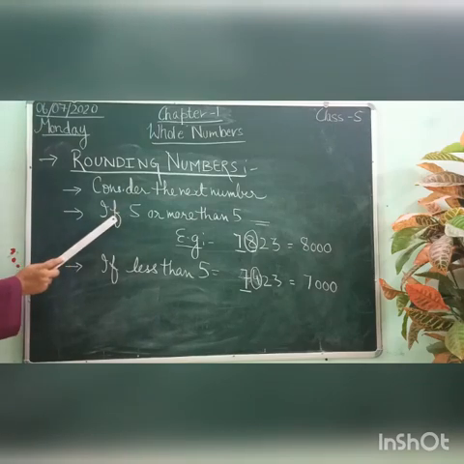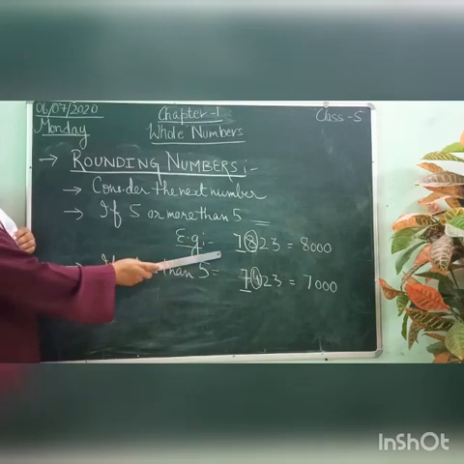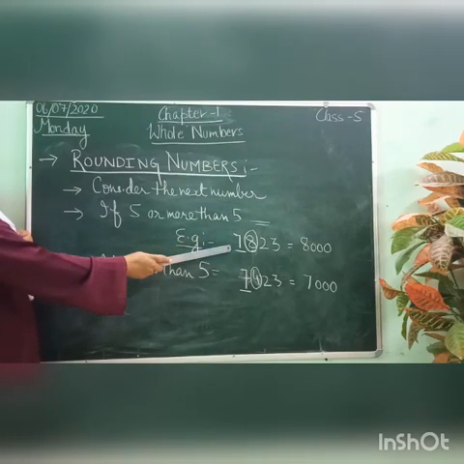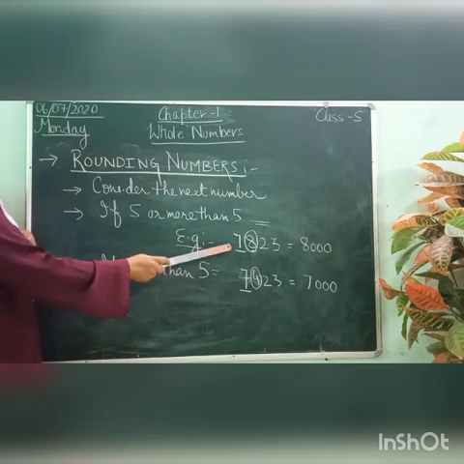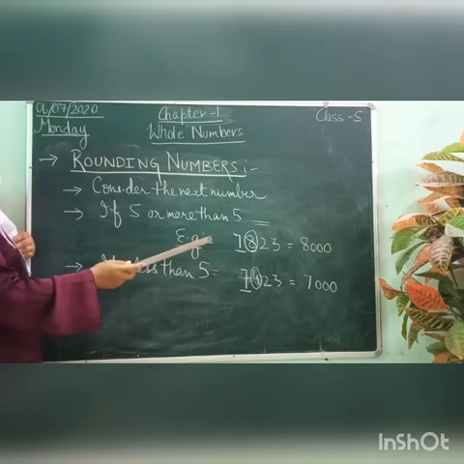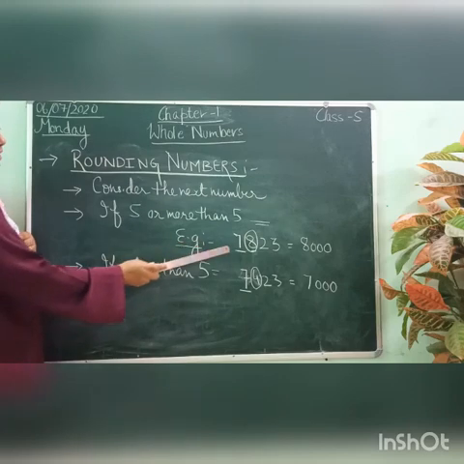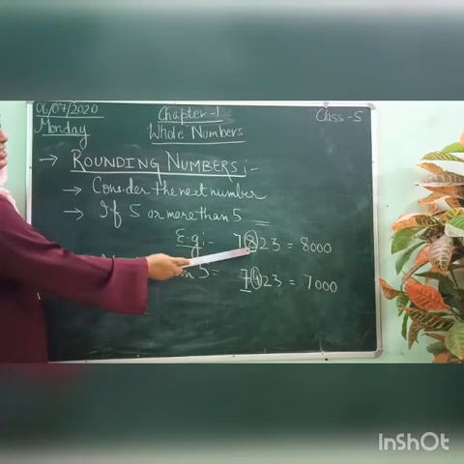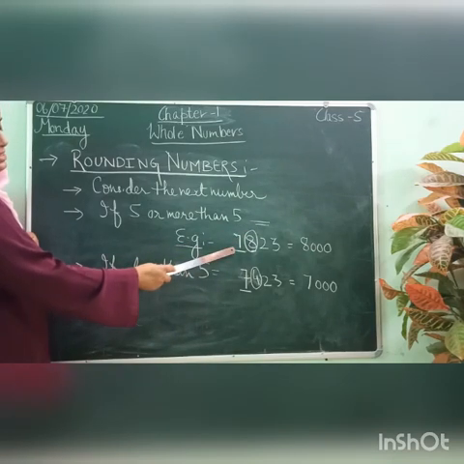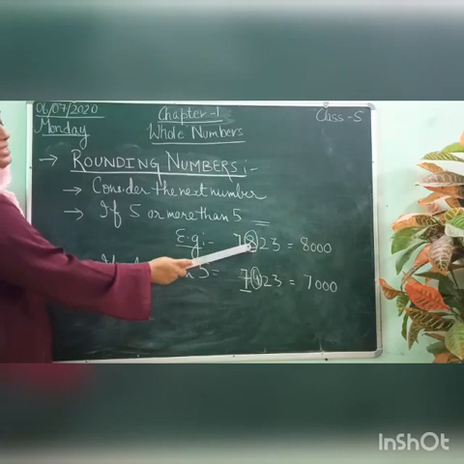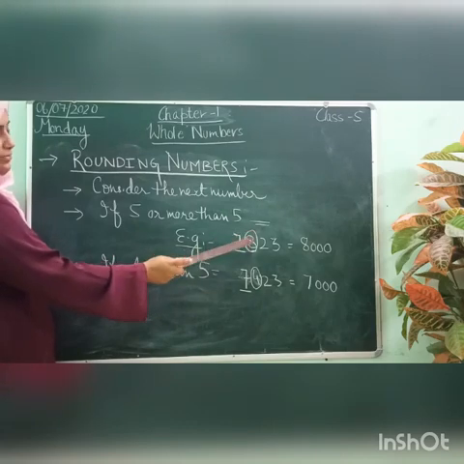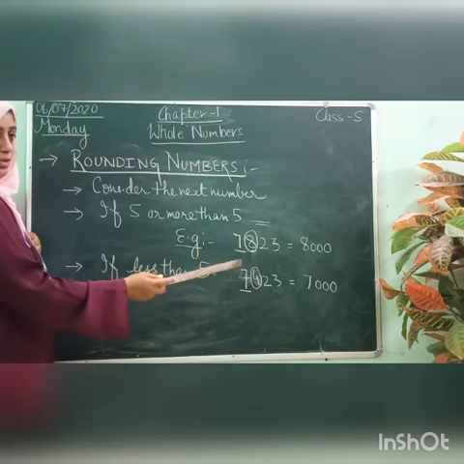The first condition is if it is 5 or more than 5. I have taken an example of 7,823 and I have been asked to round 7. To round the digit 7, I have to consider the next number, that is 8. Now this 8 is 5 or more than 5. It is more than 5.